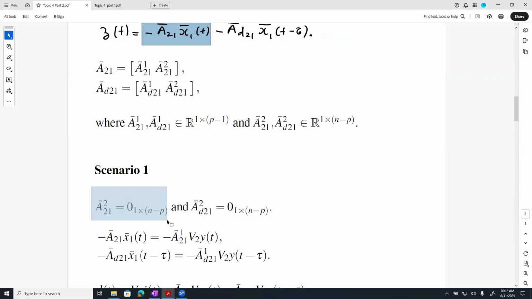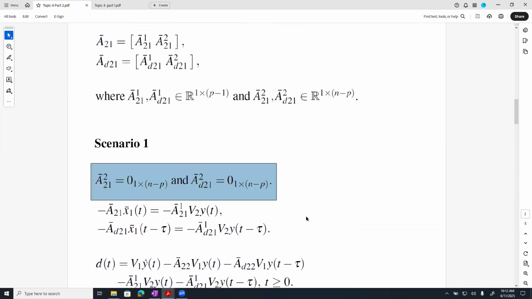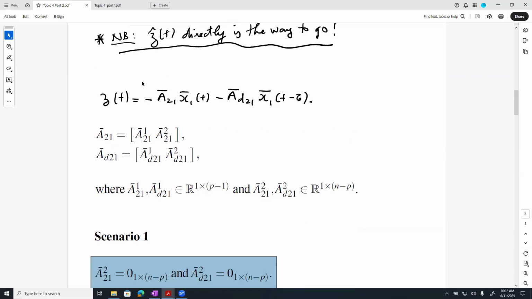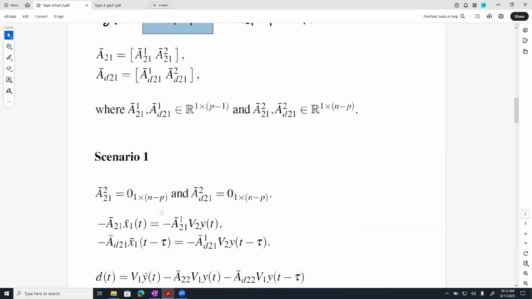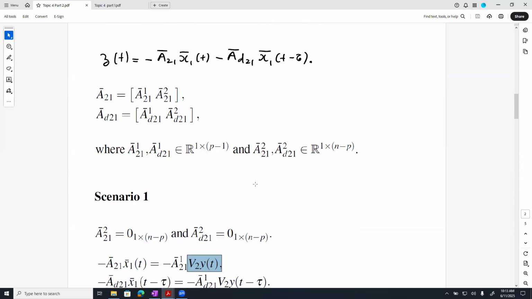That's the case when that bit there is 0 and the other sub row matrix here is 0 as well. So we then say that this term is this term here. We're replacing that because it's y bar of t, and y bar of t is v2 y of t, which is the available output measurement.